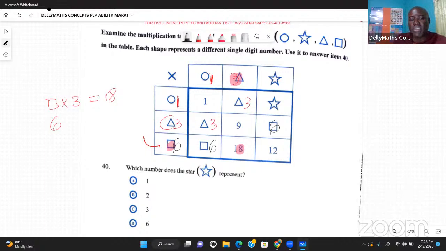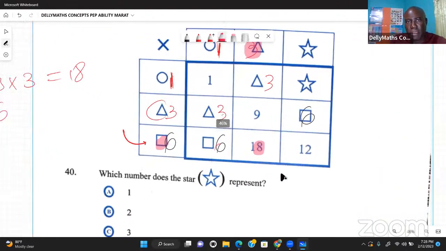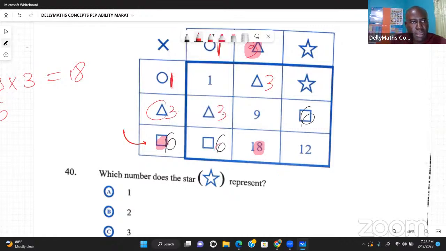You can figure out everything now because you could take this here and say, watch this. If I focus on this 6 here, let me blow it up a little bigger, let me get a bigger pen right there. If I focus on this 6, I'll say 6 times what gives me 12? That's it.